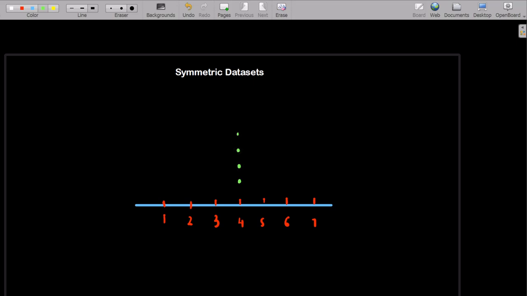And here you have 3 points. You will see that this plot will be exactly symmetric. This is called a symmetric data set, Anika. Here you can see that the points are symmetrically distributed around 4.